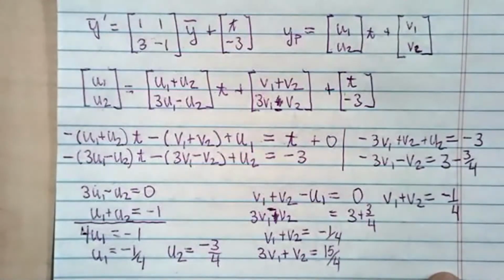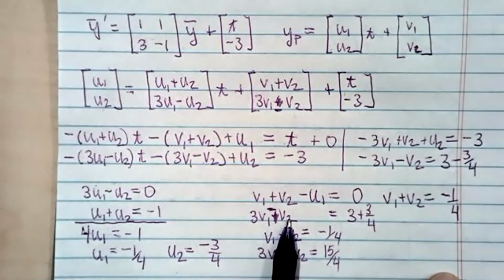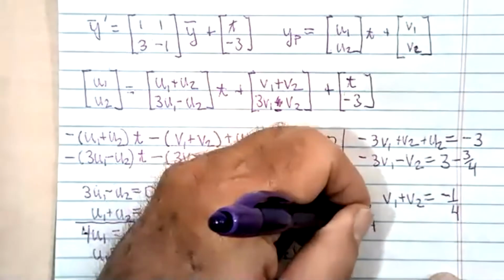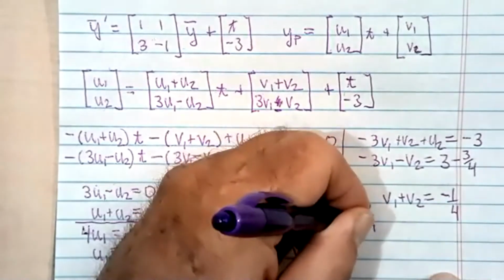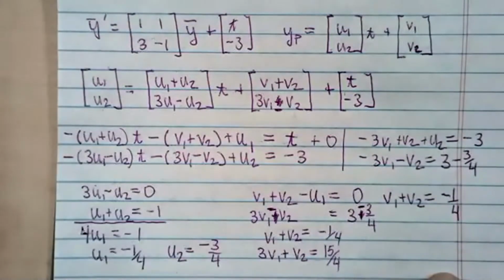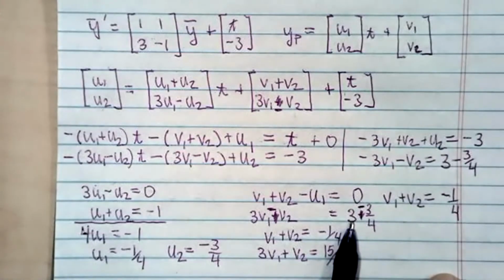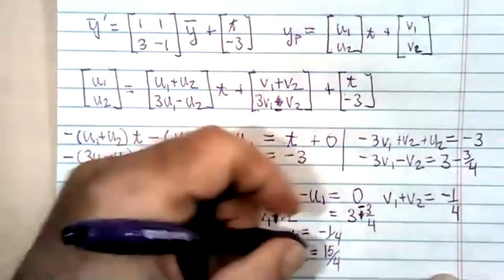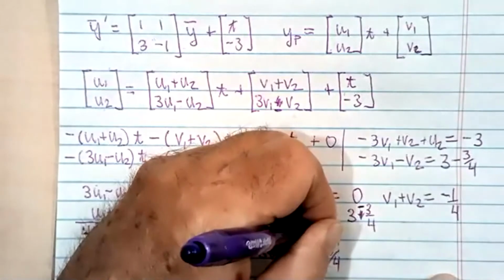So 3v1 minus v2 equals 3 minus 3/4, which is 9/4.